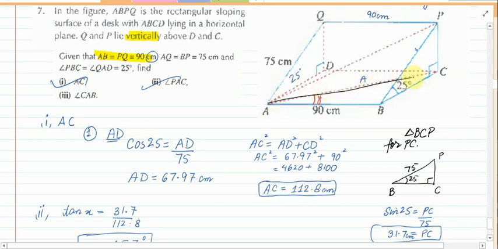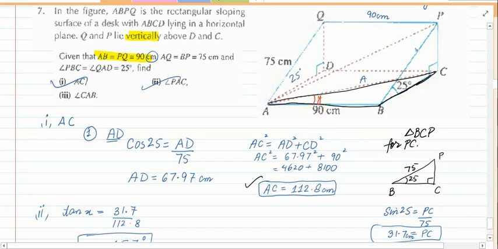This triangle I am going to consider, right? CAB. Now we have the value of AC, that is 112.8. We have the value of AB, that is 90, and we need to find the value of Y.